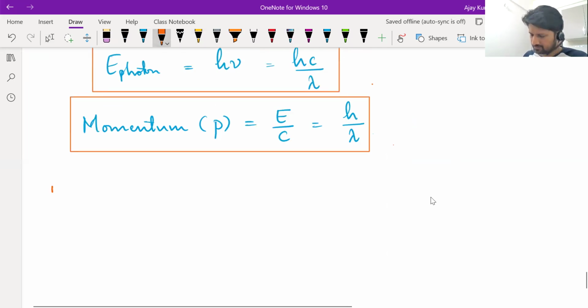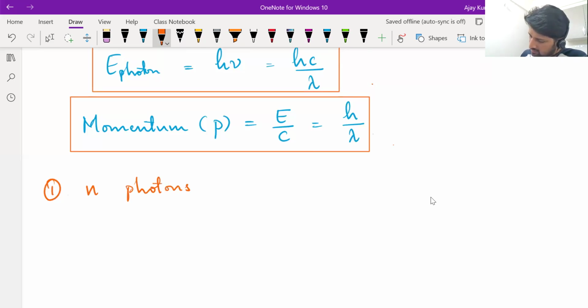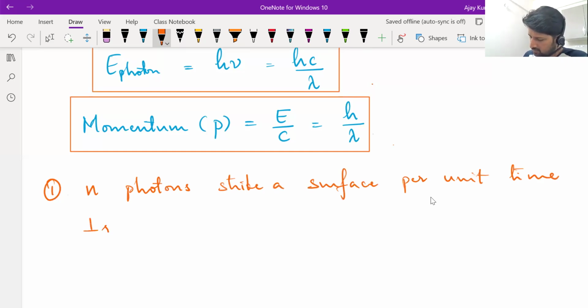First, suppose n photons, small n number of photons, strike a surface per unit time perpendicular to it and are absorbed by the surface. n photons, each of frequency nu.